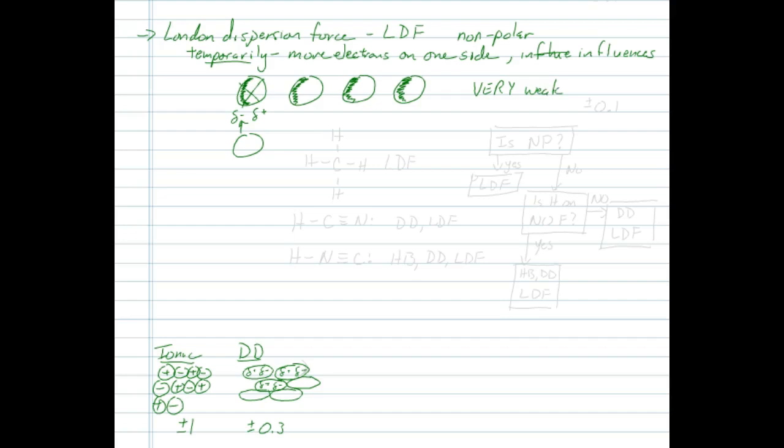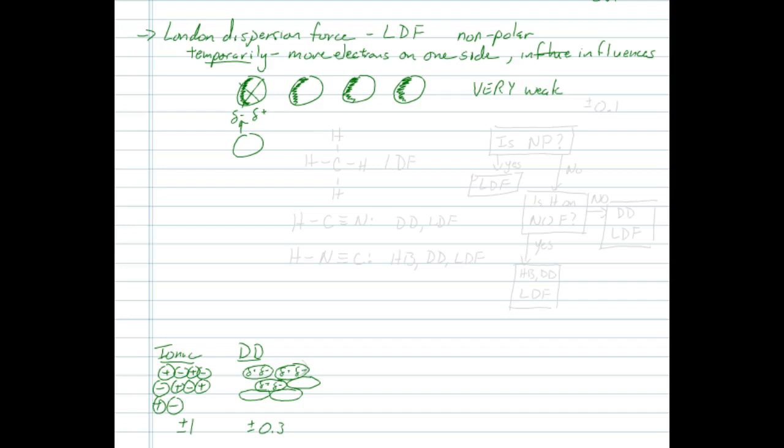So if you have a Lewis diagram, how can you tell which of the 3 intermolecular forces are there? Because London dispersion forces occur all the time. You might have more electrons on one side on a polar molecule than you would think. The strength of the bonds, I forgot that. Hydrogen bond, strength of the bond is plus 0.7. That's plus because it's the positive side only.